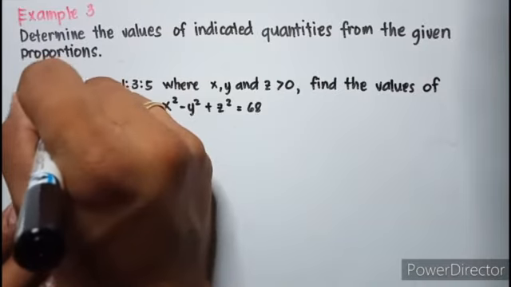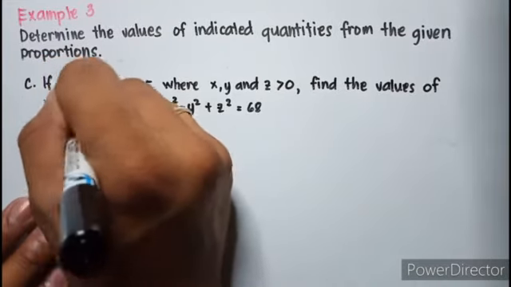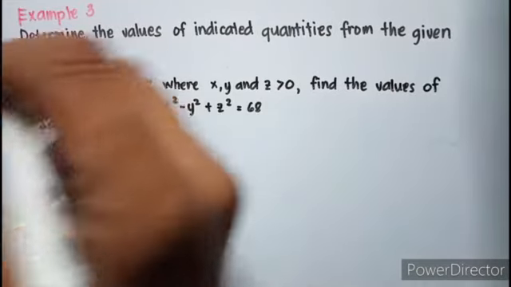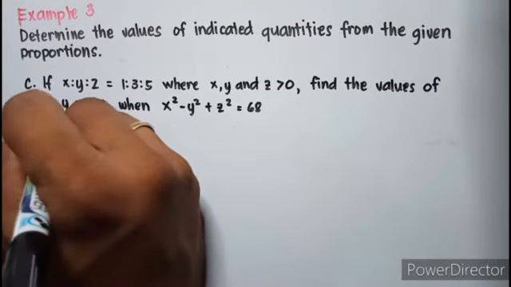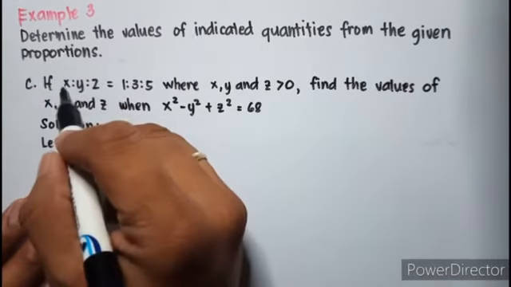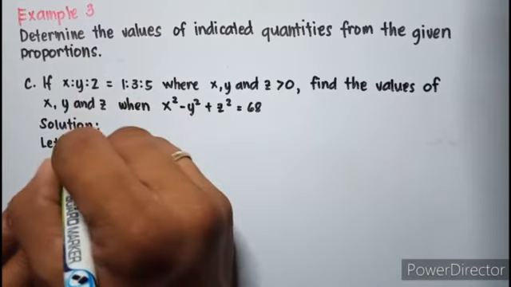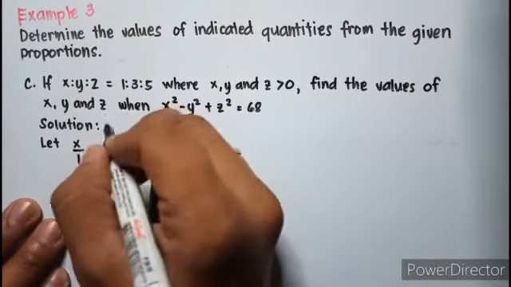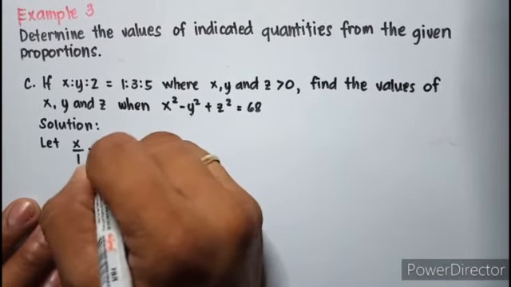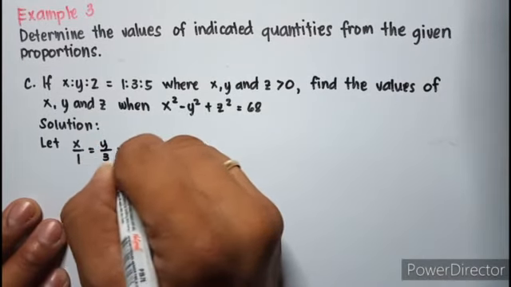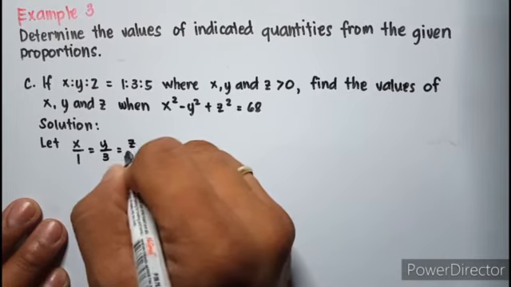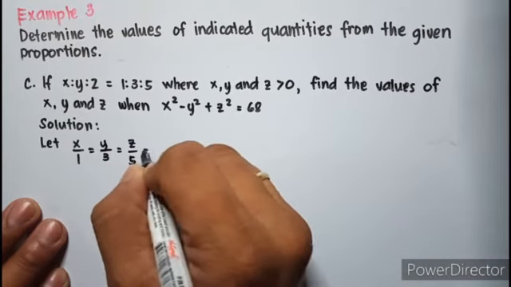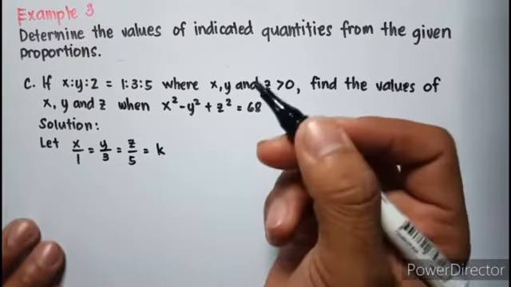For our solution, let's have our first ratio, x over 1 is equal to y over 3 is equal to z over 5 is equal to our k.